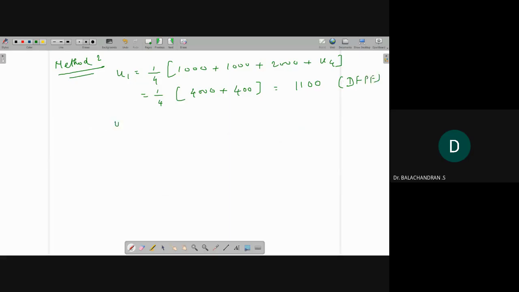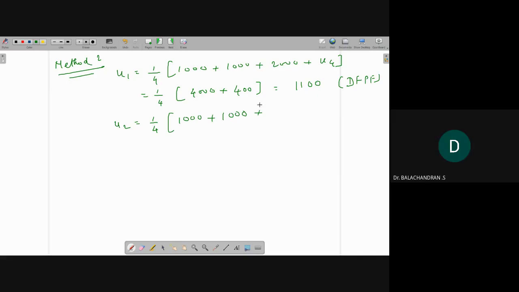And then U2. Similarly, tell U2. 1000 plus 1000 plus 0 plus 1000.